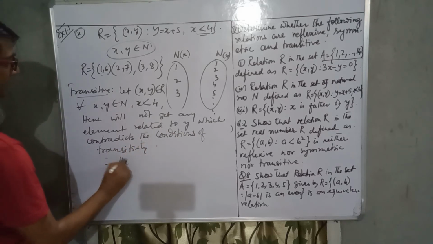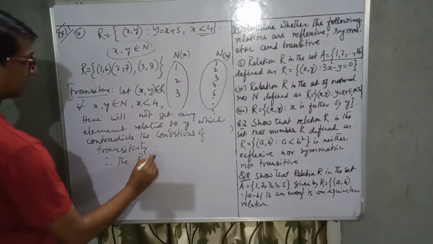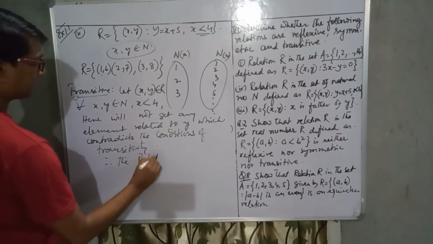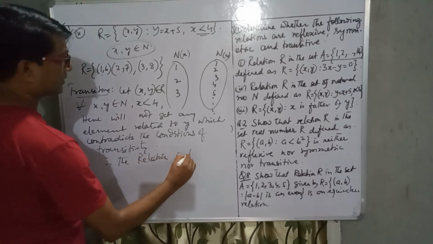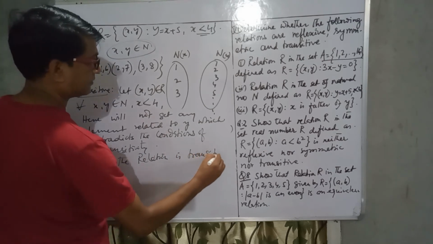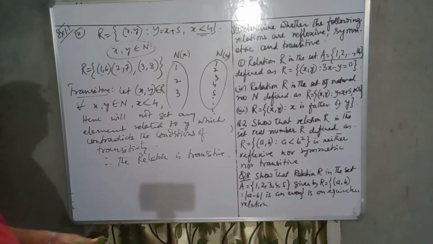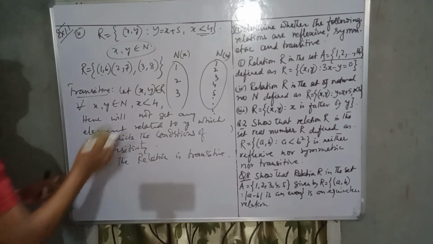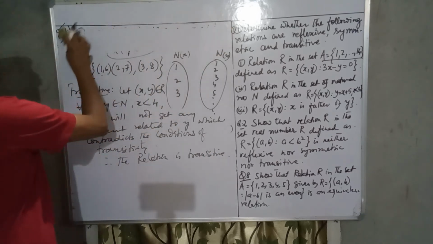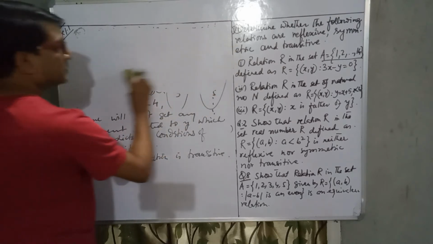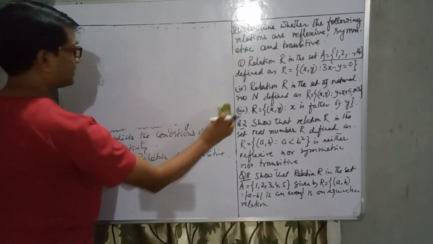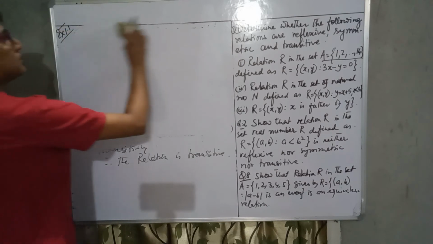Therefore, the relation is transitive. So we have to check whether it is clear: this is not reflexive, this is not symmetric, but the relation is transitive.